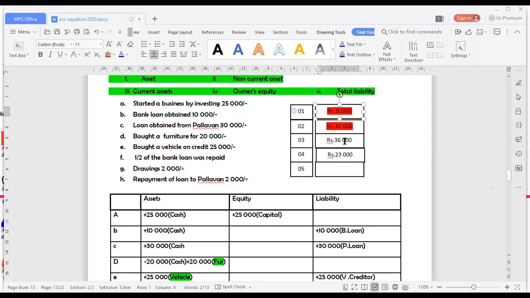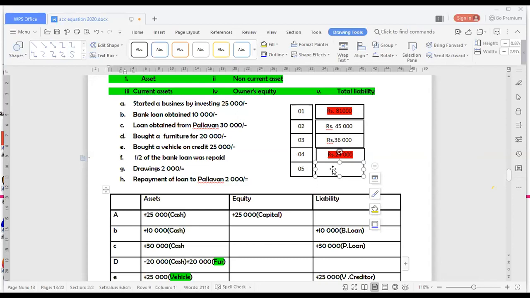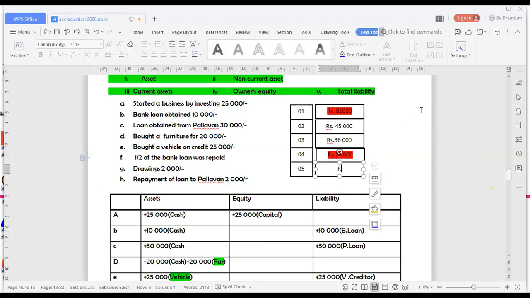So 81 minus total equity 23. Therefore, your liability will be 58,000 rupees. 58,000.